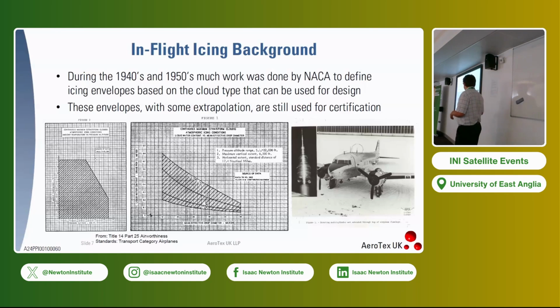And so they produced these standards which give different forms of ice. This is stratiform cloud, so it shows temperatures going down to -32 Fahrenheit, so -25, -30 degrees, and up to 22,000 feet, and quite high volumes of water, 0.8 grams per cubic meter. These are old figures, but they are still in the certification standards today.